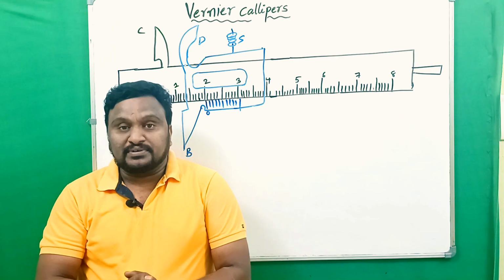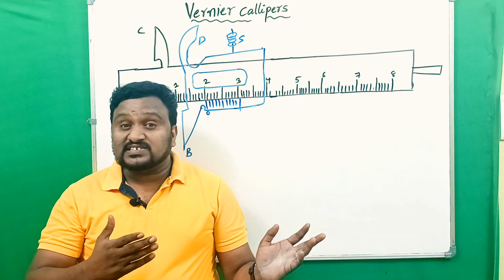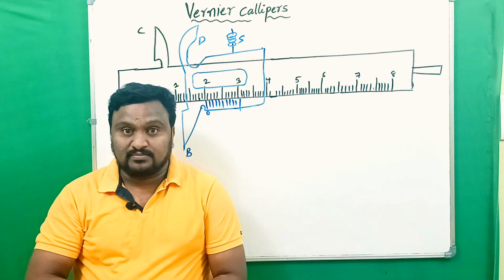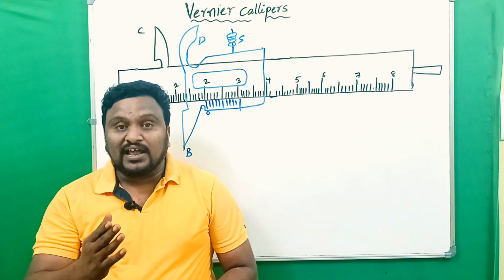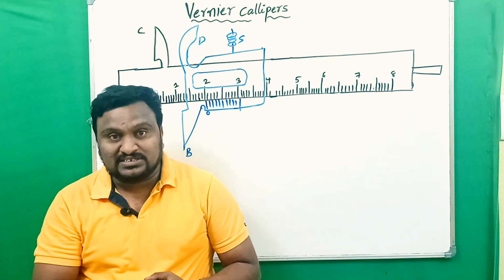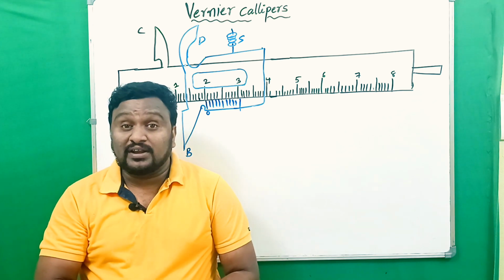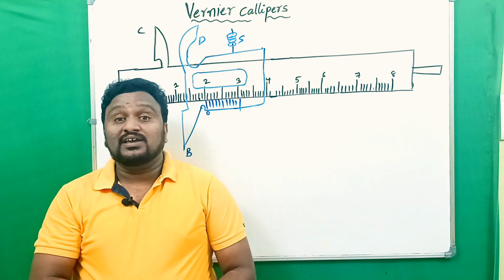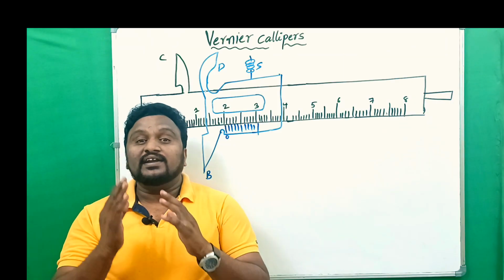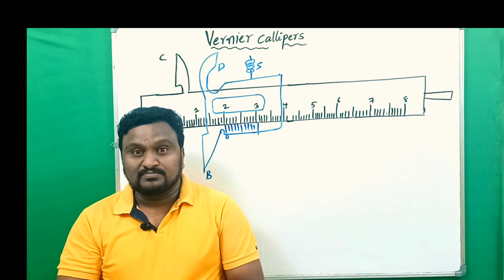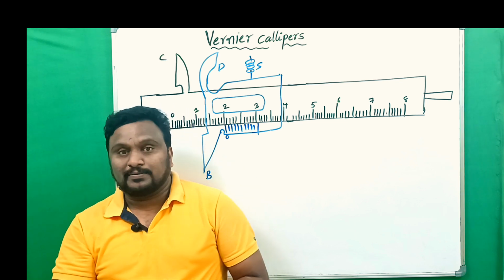Let's watch. Vernier calipers and ordinary scale. What is the difference between ordinary scale and vernier calipers? In an ordinary scale we can find the least value up to 1 millimeter or 0.1 centimeters, while in the case of vernier calipers we can find the least value of 0.01 centimeters or 0.1 millimeter.